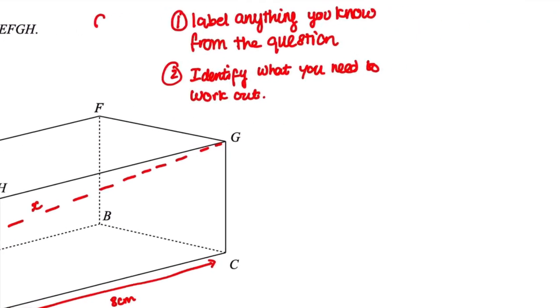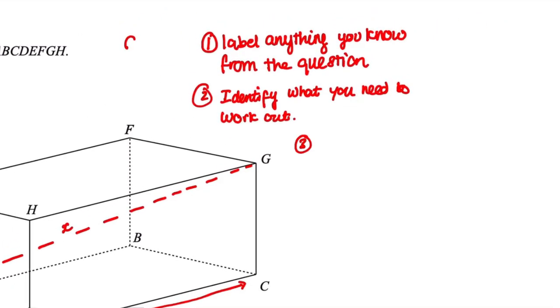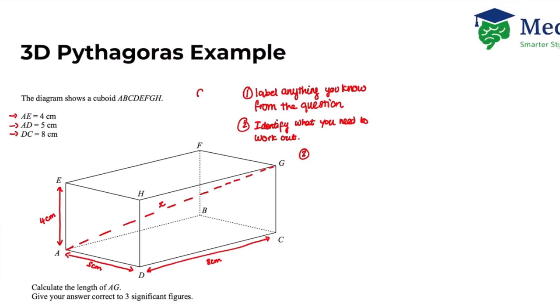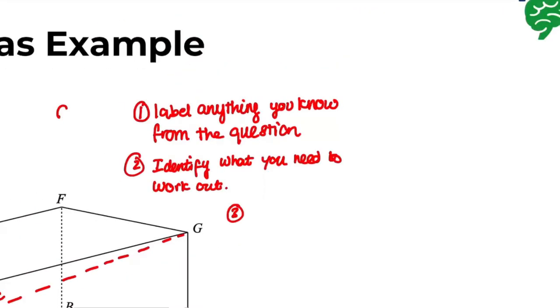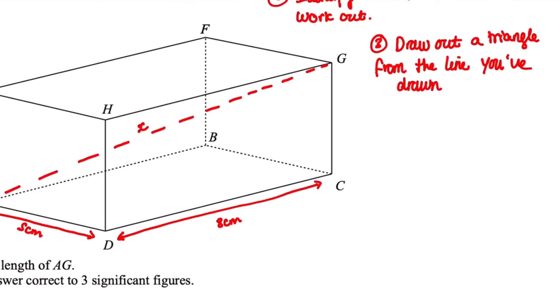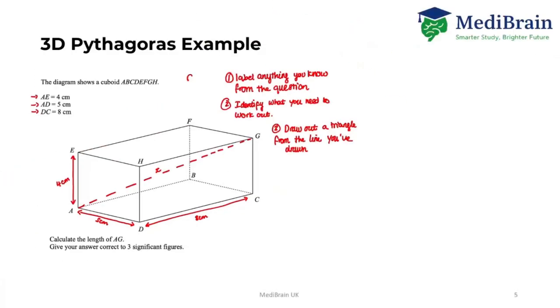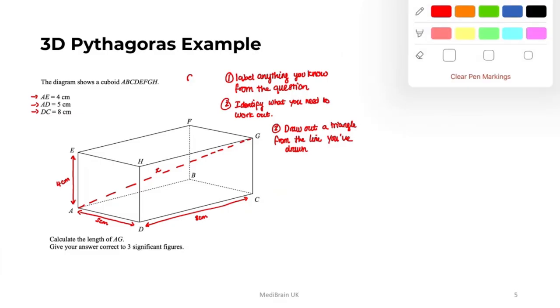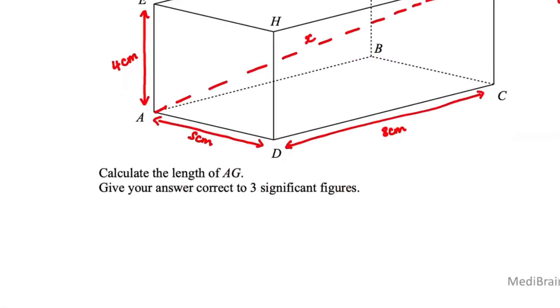Now the third step is the trickiest step. You need to make a triangle out of the line that you've drawn. So draw out a triangle from the line you've drawn. You will get this, but if I draw it now, for example, I need to make a triangle out of the line that I've just drawn. The way that I would do that is as follows.